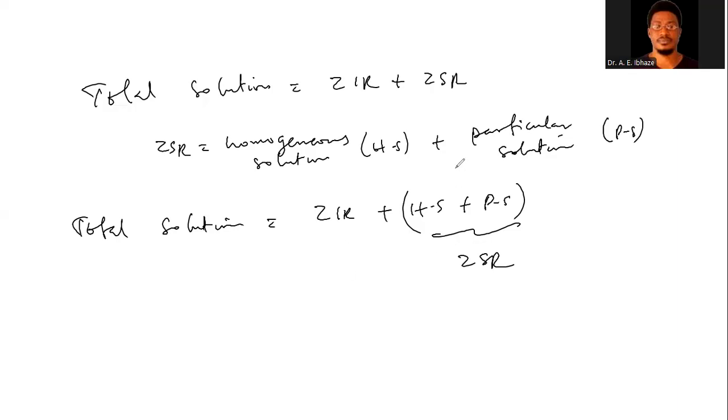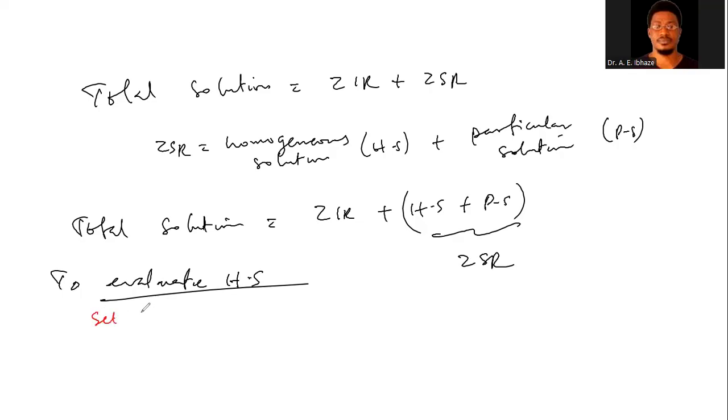And how do we derive the homogeneous solution? For us to be able to evaluate the homogeneous solution is similar to evaluating the zero input response. What we do is to set the forcing function to 0.